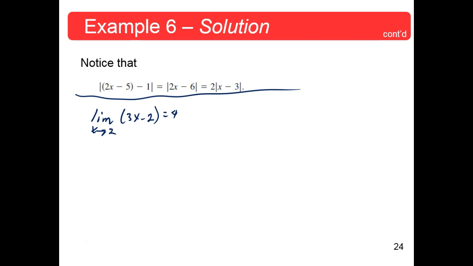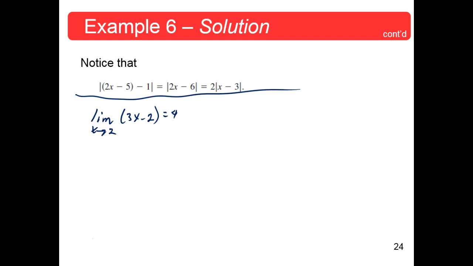They're just saying prove that's true. Now later, what we're going to do, what is my first rule? Plug it in, okay? 3 times 2 is 6 minus 2 is 4. That's what we're going to do in the future. Now we're using the epsilon delta definition.